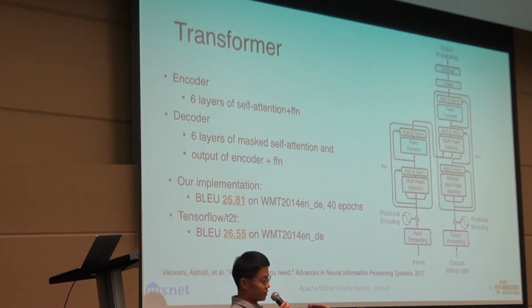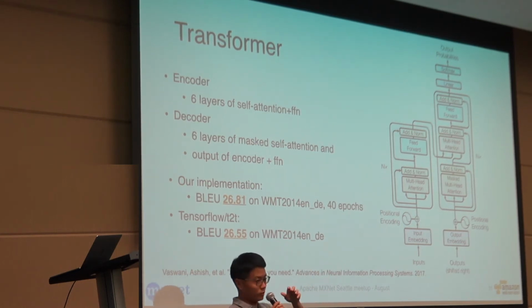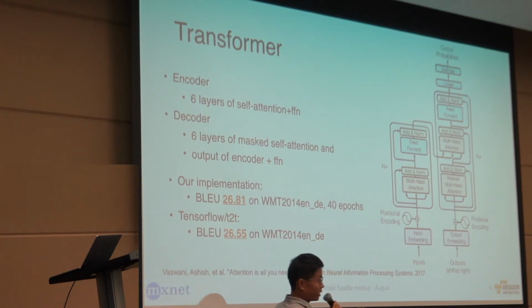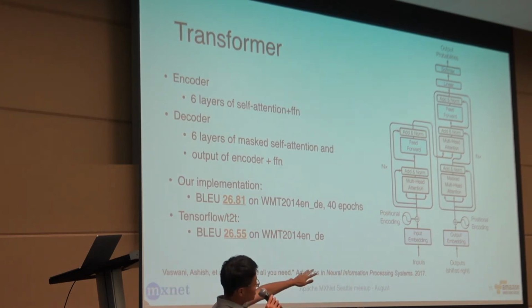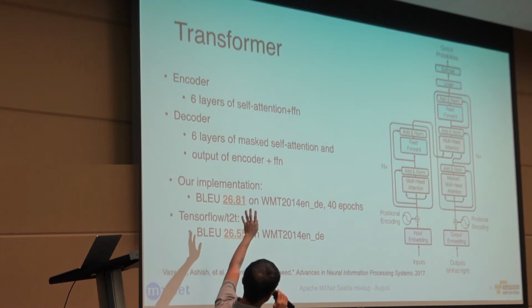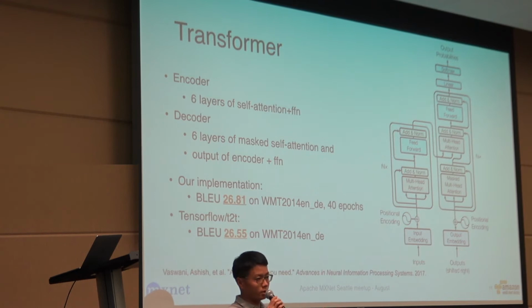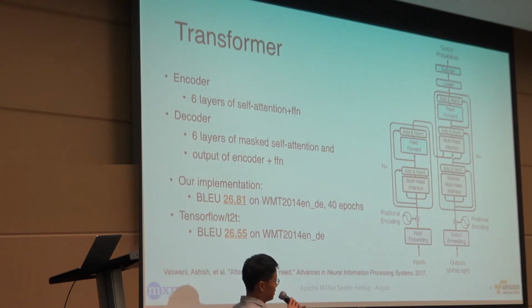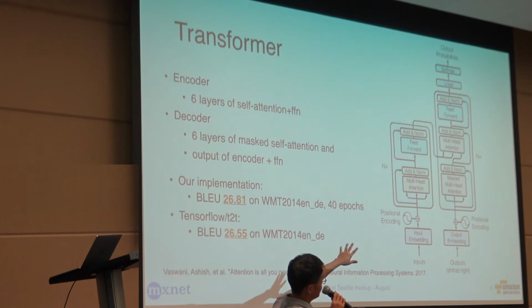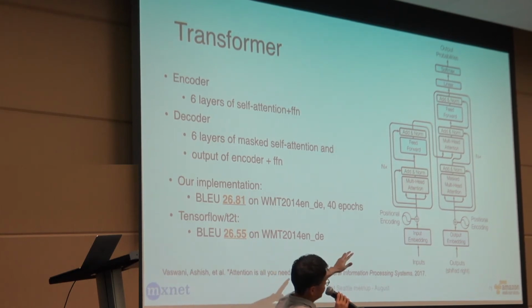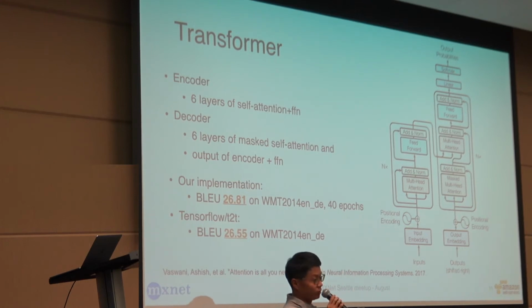For each sequence, it has to go from the first word to the last word before it can make any prediction, so it is very time consuming. So Attention Is All You Need, the Transformer, leaves out all the recurrent neural networks, and instead constructs an attention-based encoder that can generate similar performance to the RNN or LSTM.